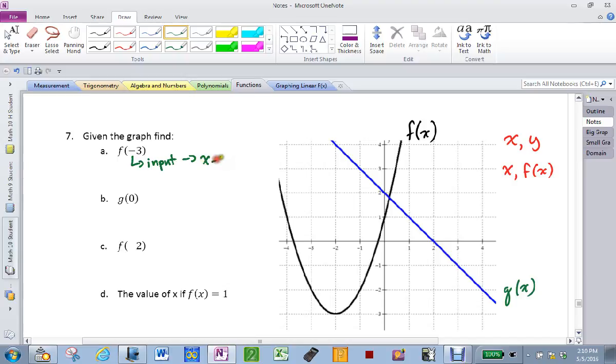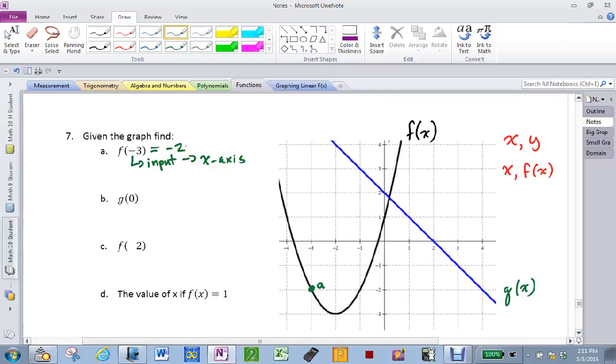The x-axis, correct? So where is negative 3? Right here, correct? Now, what is the output that goes with negative 3? Negative 2. So the f of negative 3 equals negative 2.